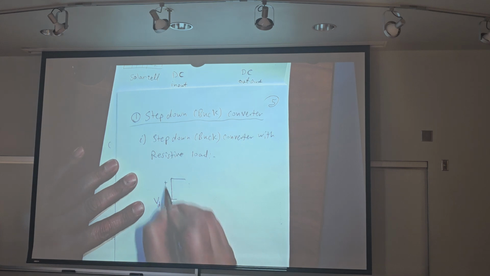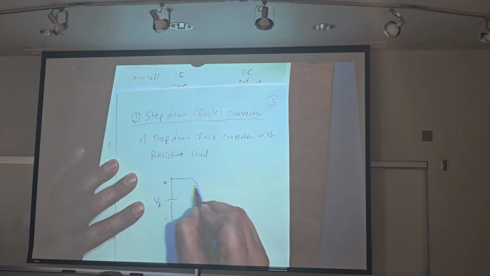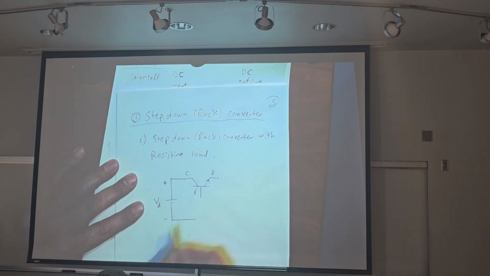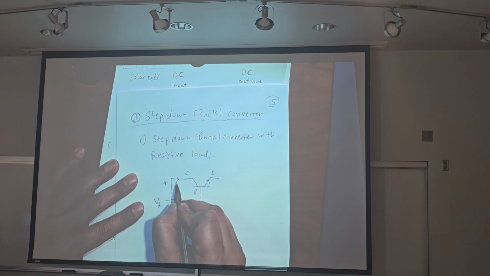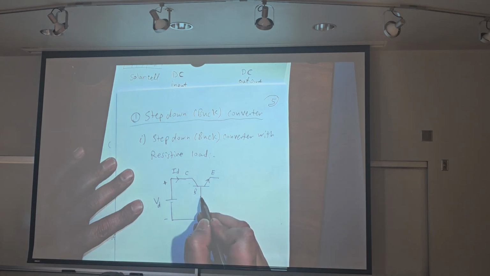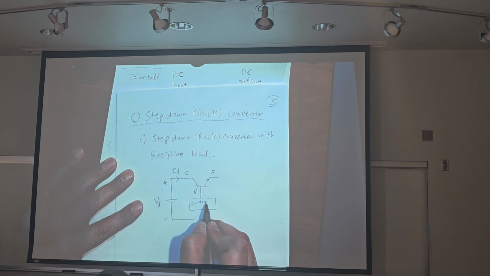VD plus minus, collector, emitter, base. This current ID, and this is the control circuit.